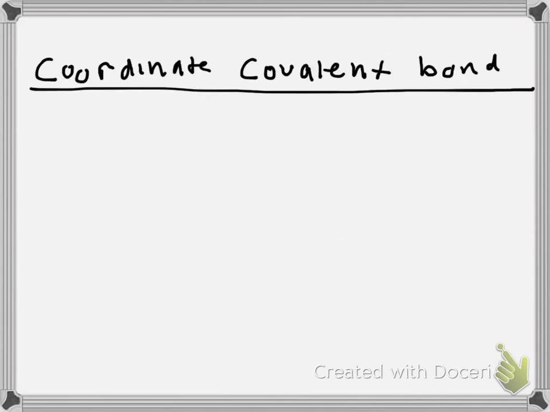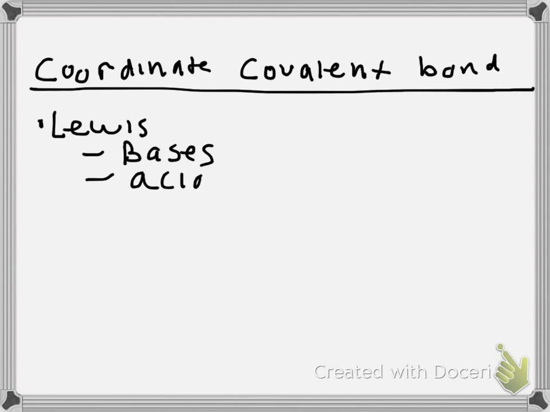Another type of bond that you could run into during your MCAT or your DAT is called a coordinate covalent bond. And the easiest way to think about this is Lewis, and we'll break that down into bases and acids.